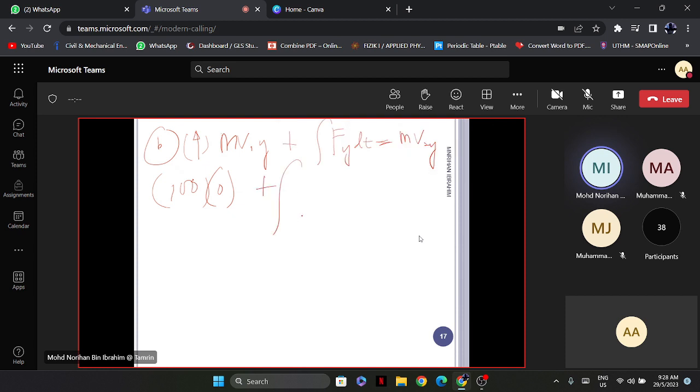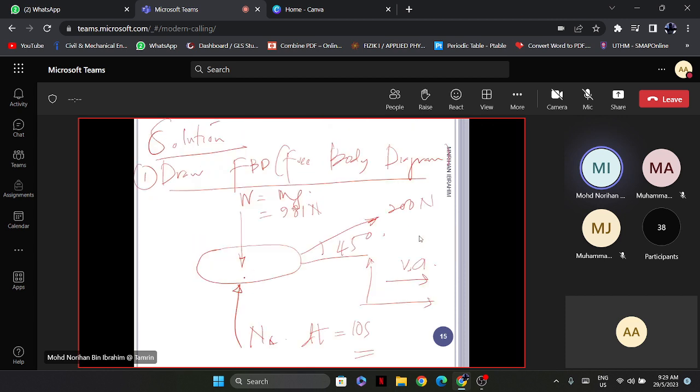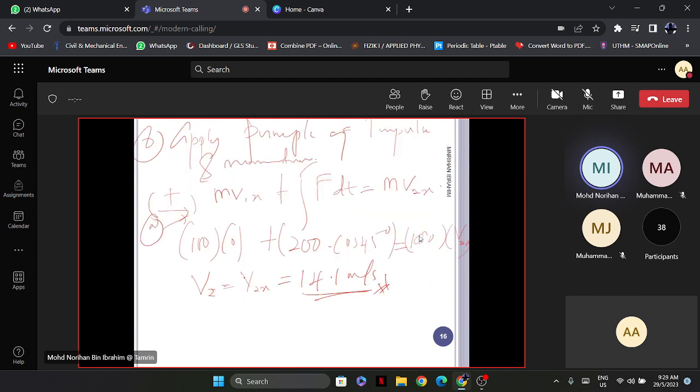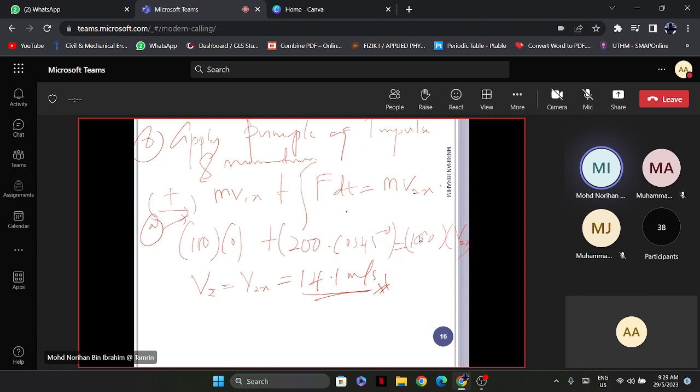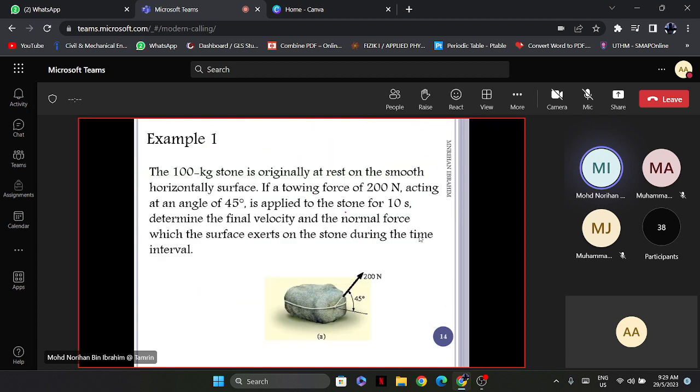Plus the Fy dt. Any forces in the y direction? We have NC upward, and W. NC is multiplied by the time interval, which is given as 10 seconds, applied to the stone for 10 seconds.